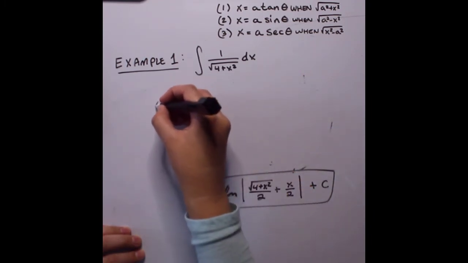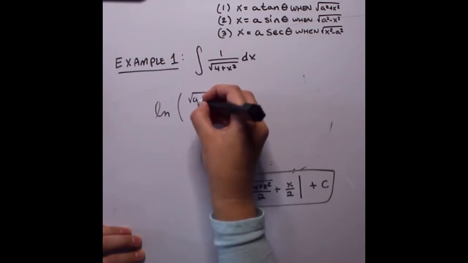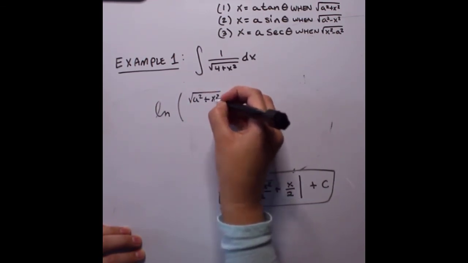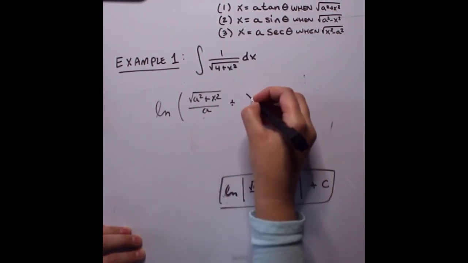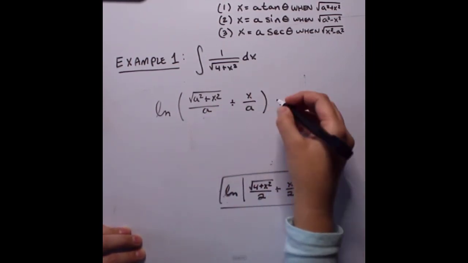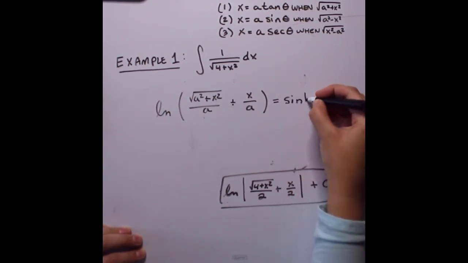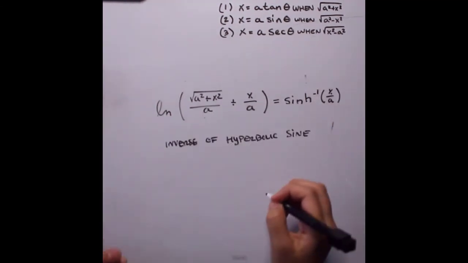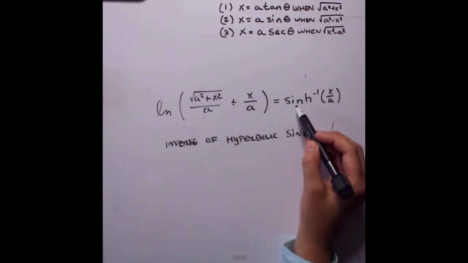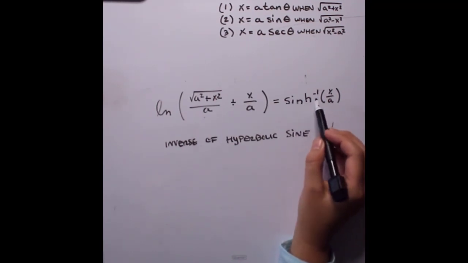So if we have ln of square root a squared plus x squared over a plus x over a, this is actually equal to a different function. This is hyperbolic sine inverse of x over a. So when you see this, you can call it sinh, that's one of the ways it's pronounced, or you could say hyperbolic sine, but it's hyperbolic sine inverse or sinh inverse.